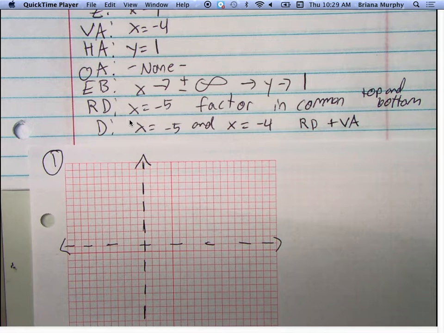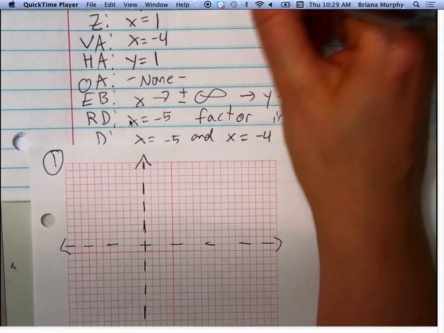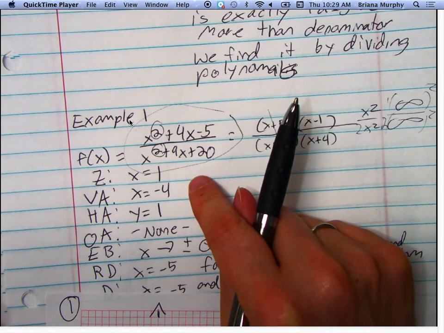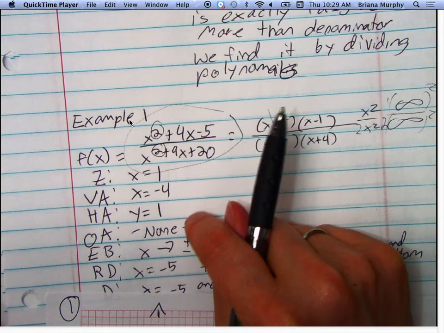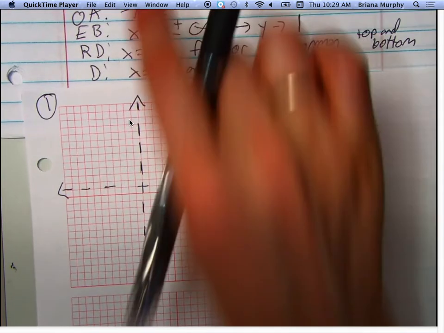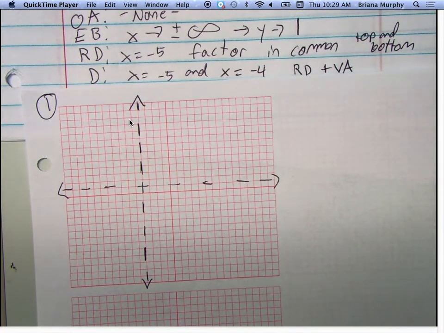What are you asking me? Okay, so I'm graphing this whole thing right here. So what I'm doing first is putting dotted lines for my vertical and horizontal axis. Okay, now I know my zeros. I am going to cross the x-axis at 1.